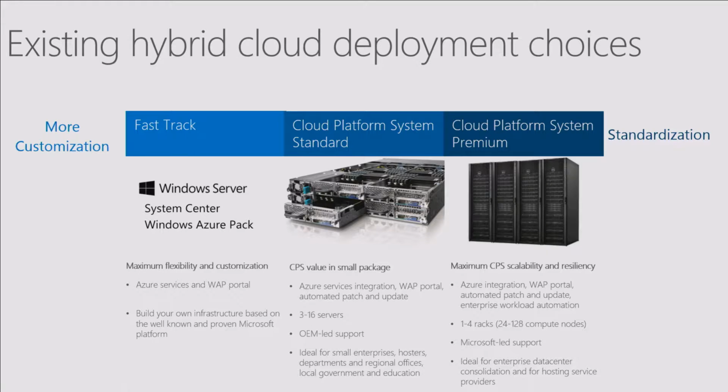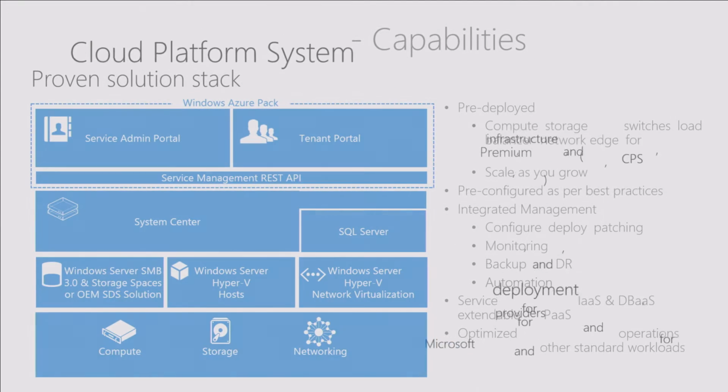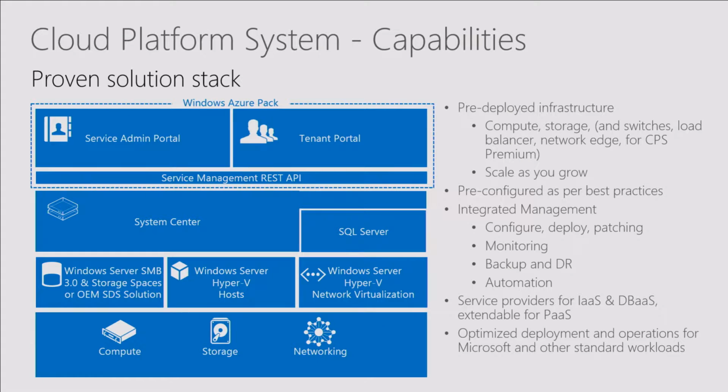Let's drill in a little bit more detail as to what the architecture is, and what software components CPS is composed of. On the very bottom, you have the hardware: storage, compute, and network. Above that, we have Windows Server 2012 R2, with technologies like Storage Spaces, Hyper-V, as well as our network virtualization at the foundation layer.